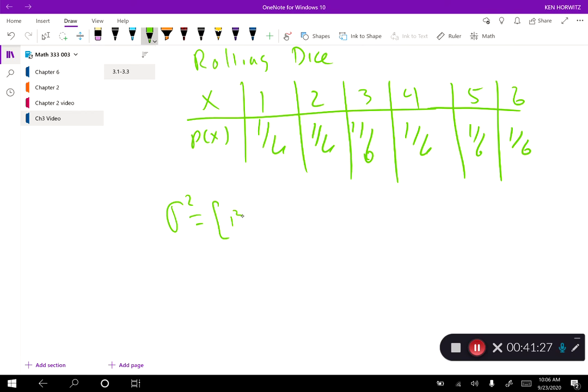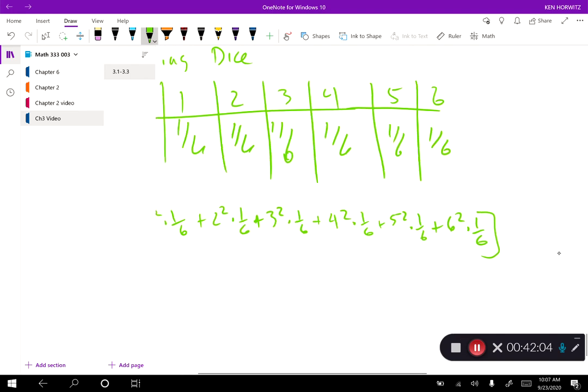So that's 1 squared times 1/6 plus 2 squared times 1/6 plus 3 squared times 1/6 plus 4 squared times 1/6 plus 5 squared times 1/6 plus 6 squared times 1/6 minus my mu, and I'm going to give you mu.